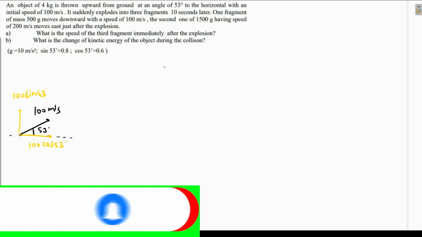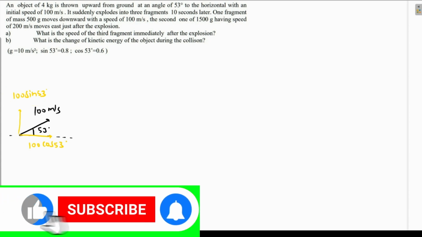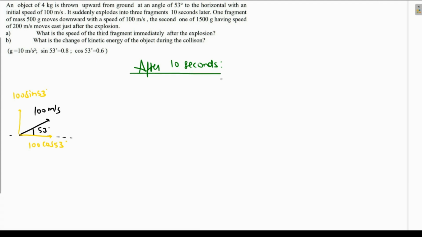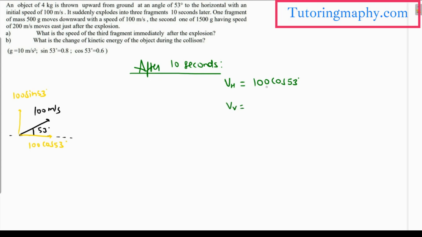So after 10 seconds, what is its speed? Its horizontal speed is going to be 100 cosine of 53 degrees, which is not going to change since there is no acceleration. The vertical velocity, using the first equation of motion, v naught plus at.